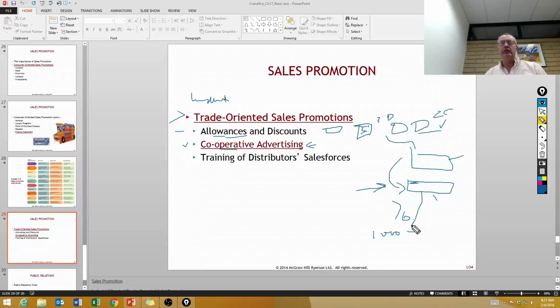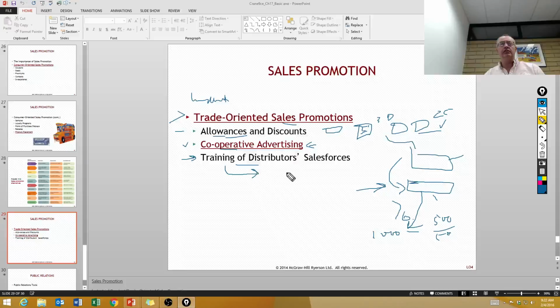So Bombardier says to the retailer, hey, we'll split that ad cost with you 50-50, so $500 a piece.